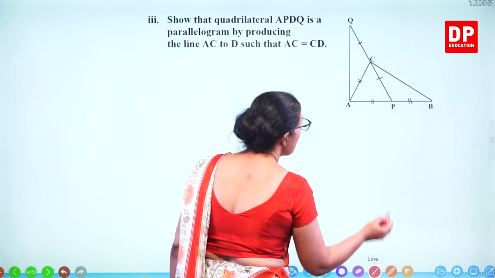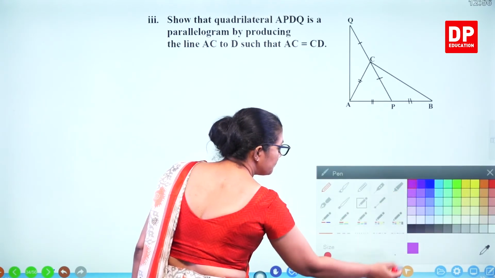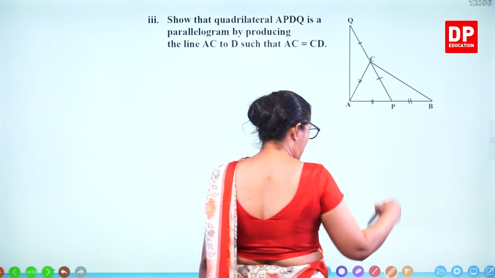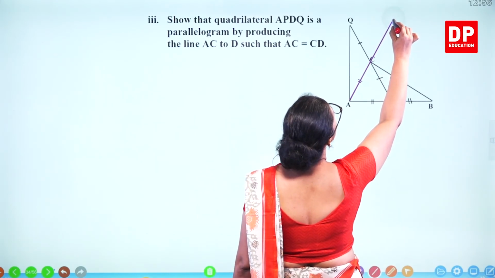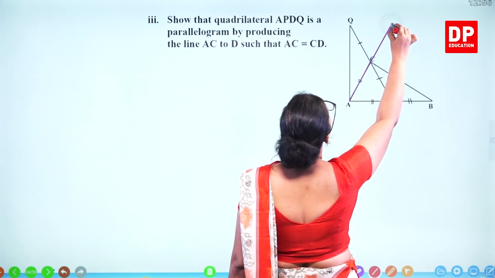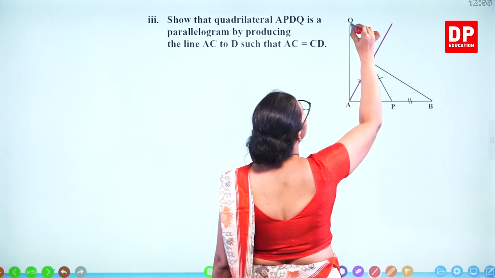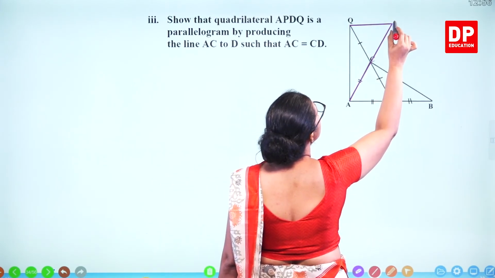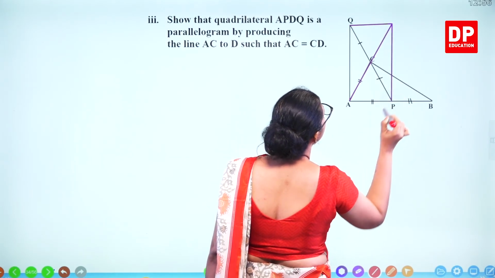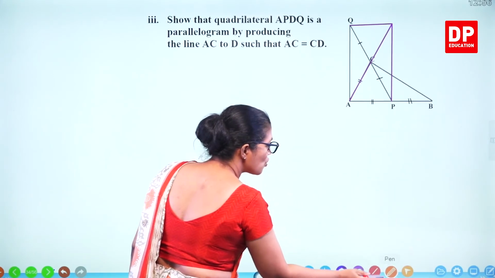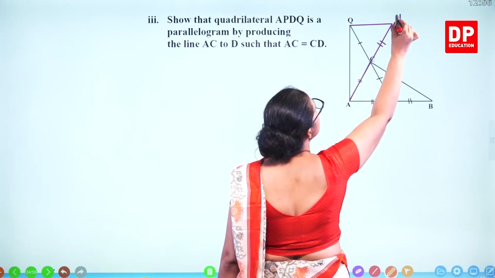So that means we are extending the AC line such that AC is equal to CD. And we have to show that this is a parallelogram. So how can we show that? AC is given, CD.